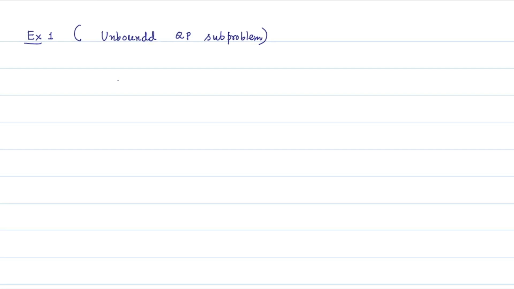Towards this, please consider, for example, the objective function to be x1 plus x2, and we need to minimize it subject to, simply, x1 squared minus x2 is less than or equal to 0.